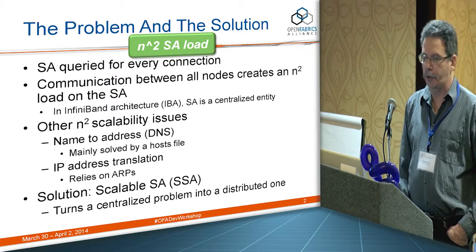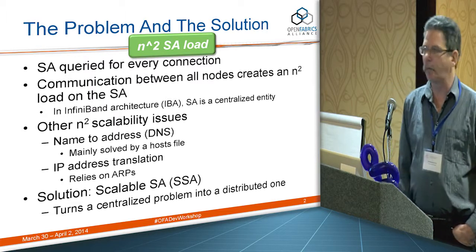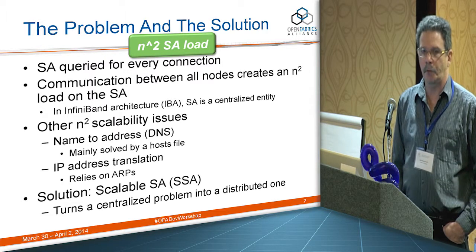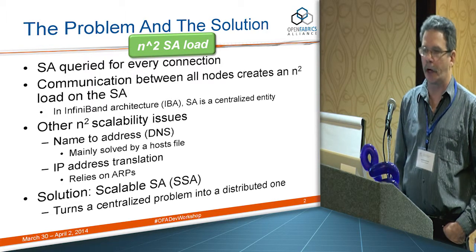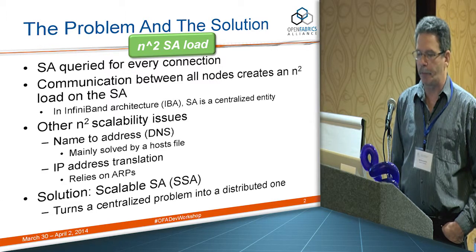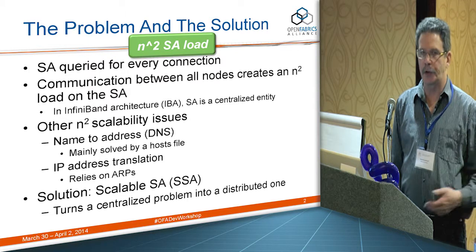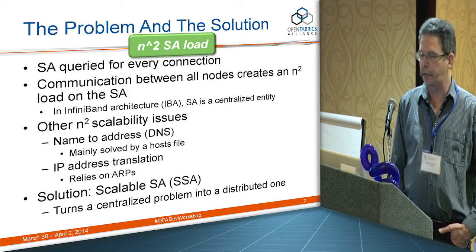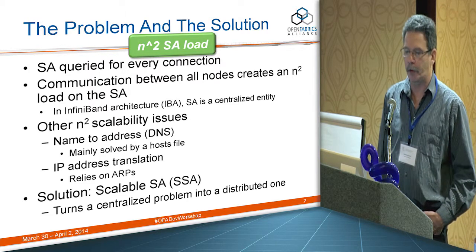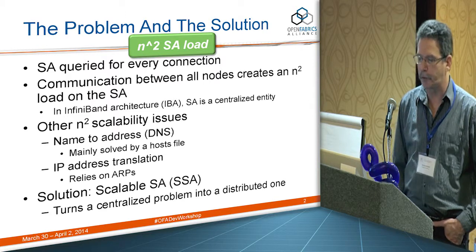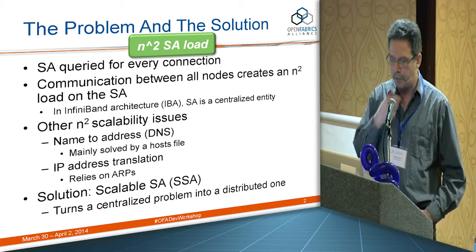So there are other n-squared problems that limit the performance for things like RDMA-CM, things like name resolution or address resolution, and this can help solve those problems as well, and I'll talk a little bit about that.